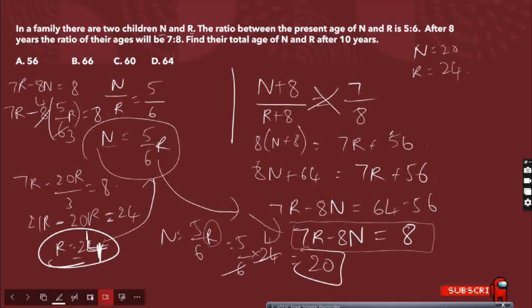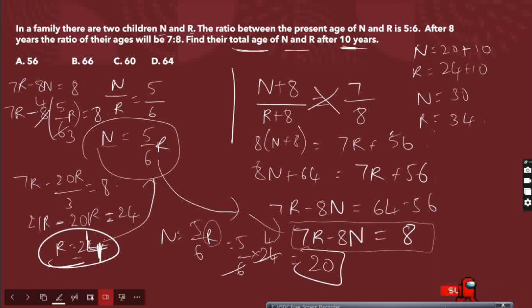After that, they are asking to find the ages after 10 years. So after 10 years, in the sense we need to add 10 to this one. So after 10 years, n's age will be 30 and r's age will be 34, right? Now what they are asking is the total age of n and r.